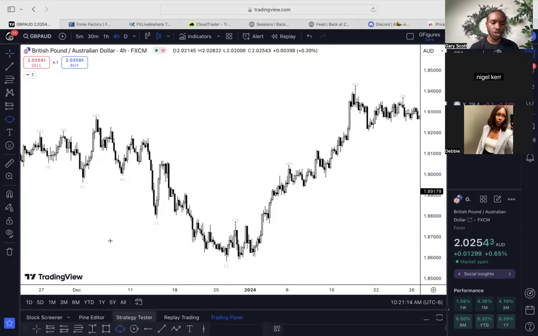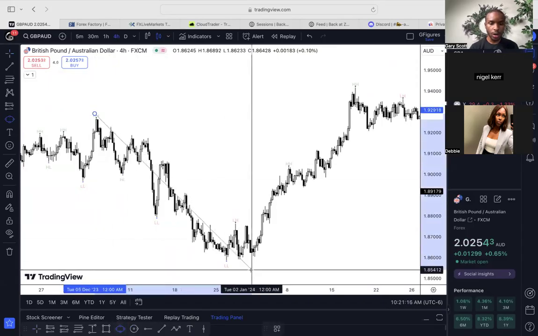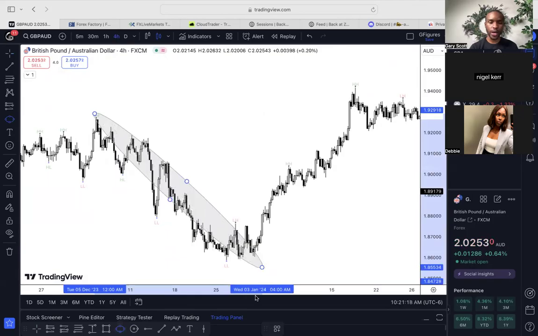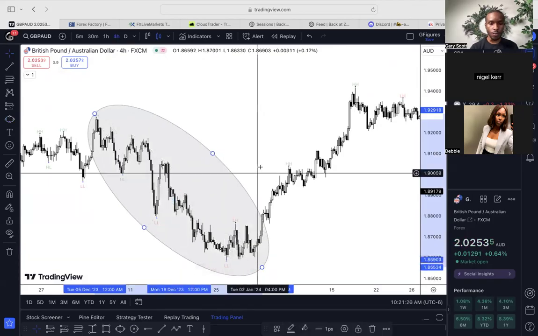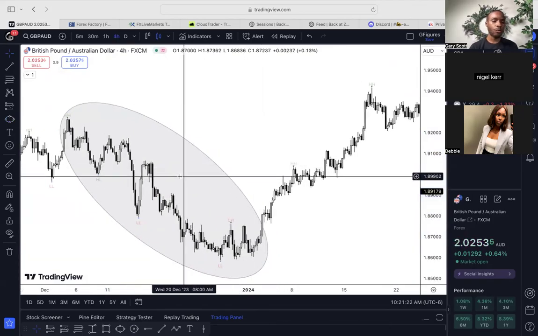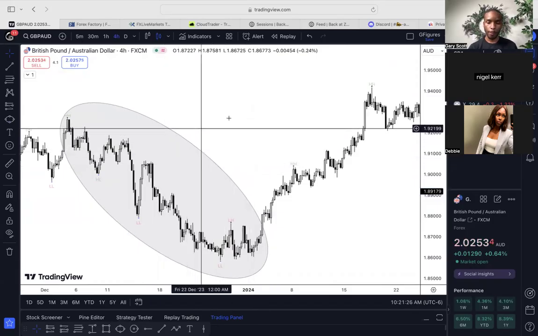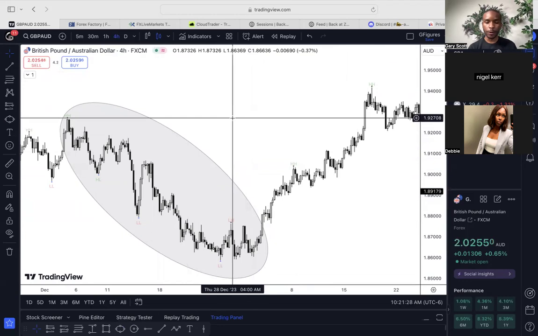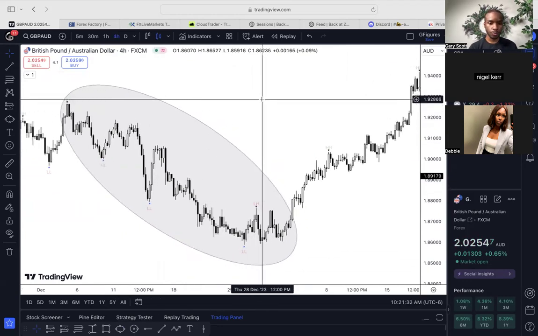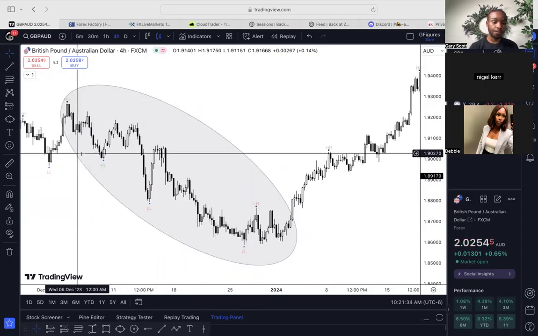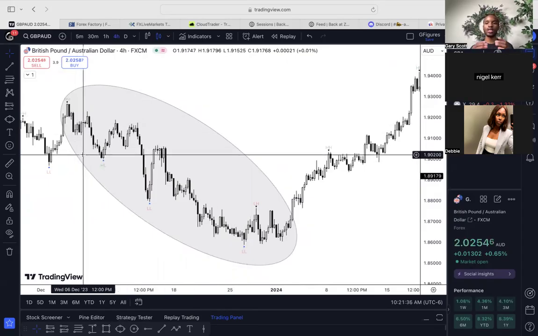If we look at this, what type of trend do we have here? Down. We have the downtrend. Sometimes all it takes is taking a step back and actually looking at the market, because the market is always going to tell you what it wants to do.